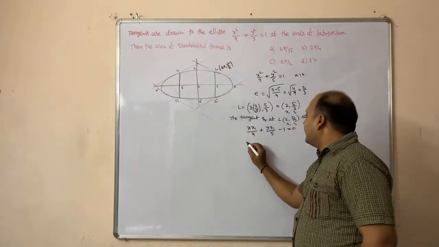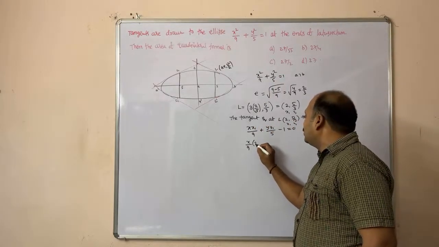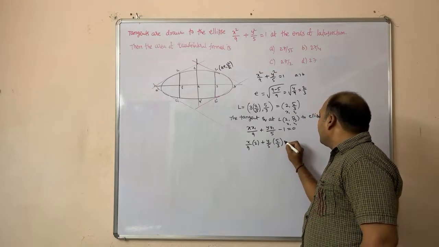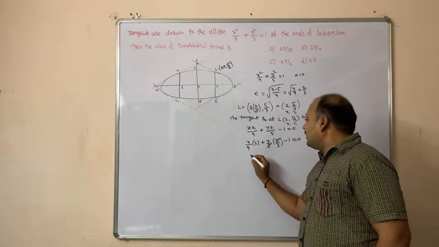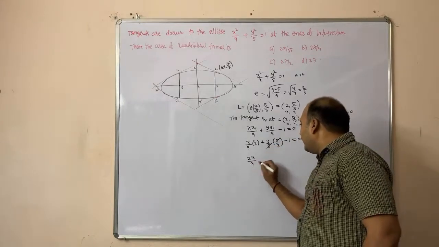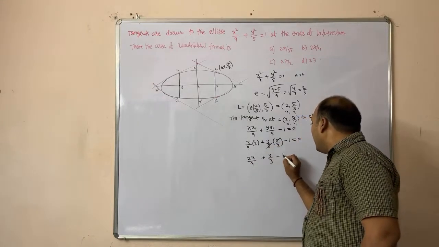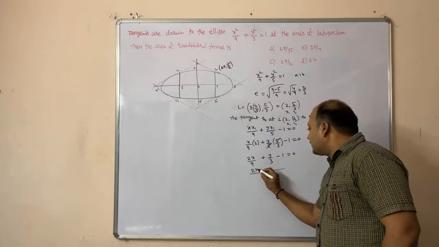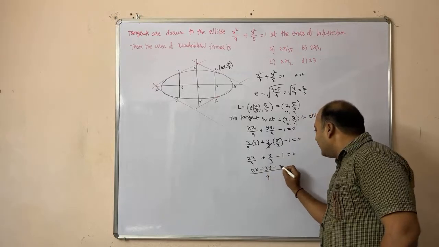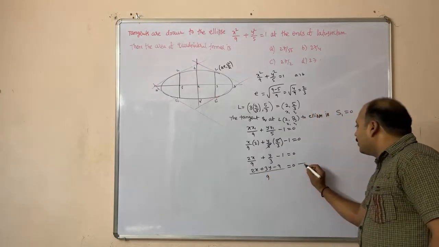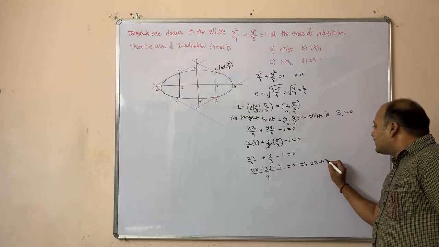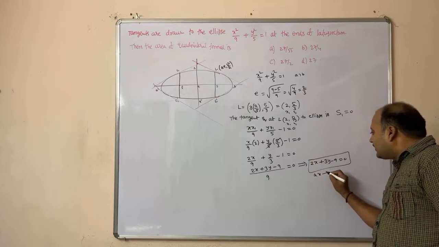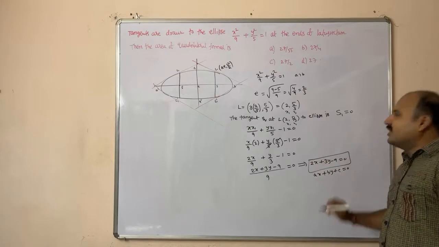So it comes as x by 9 into 2 plus y by 5 into 5 by 3 minus 1 equal to 0. 5 gets cancelled. So 2x by 9 plus y by 3 minus 1 equal to 0. Take LCM 9: 2x plus 3y minus 9 equal to 0. It is in the form of ax plus by plus c equal to 0, dear students.